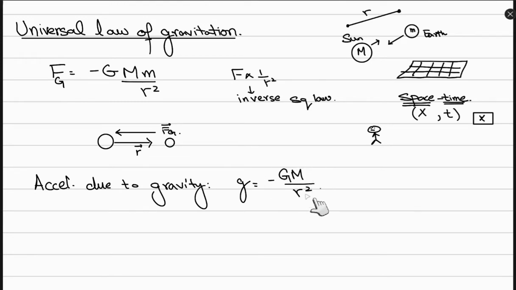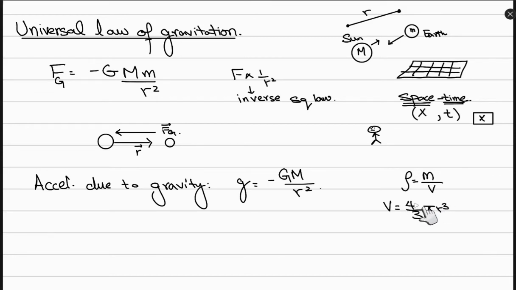Now you can write this down in terms of the density of the earth, or density of the planet, or any mass of the object as well. So how do you do that? Well, we know that density is defined as mass per unit volume, right? Now we can assume our planet, or the mass, to be almost spherical, and hence the volume of a sphere is given by 4 by 3 pi r cubed.